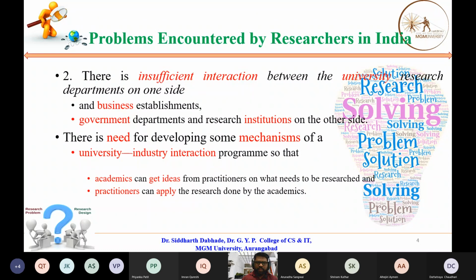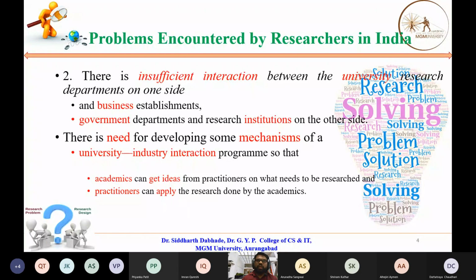If we take the example of the university, the university-industry interaction does not happen. If we take the example of academicians, department-wise there are clashes between people, between researcher and researcher. Because of that, they are not able to communicate with each other.